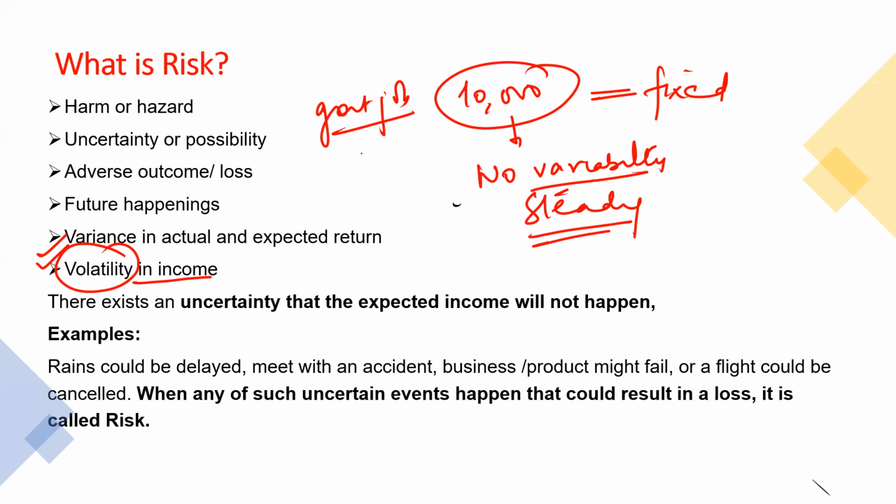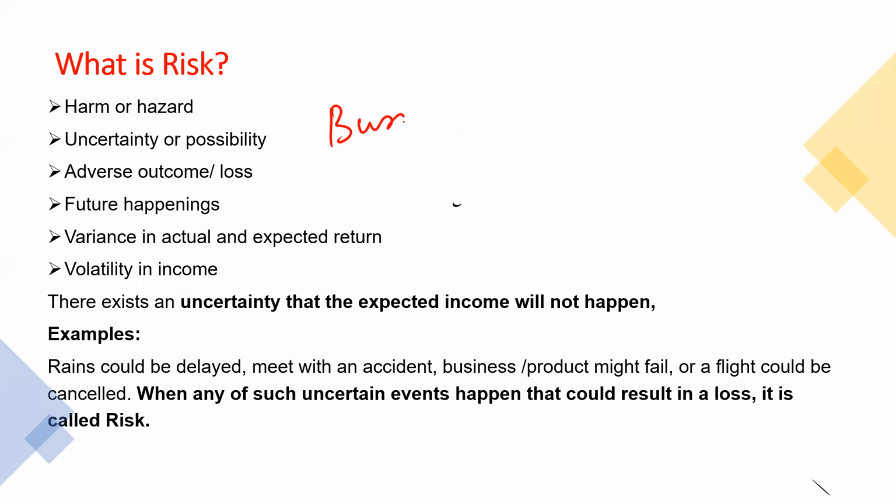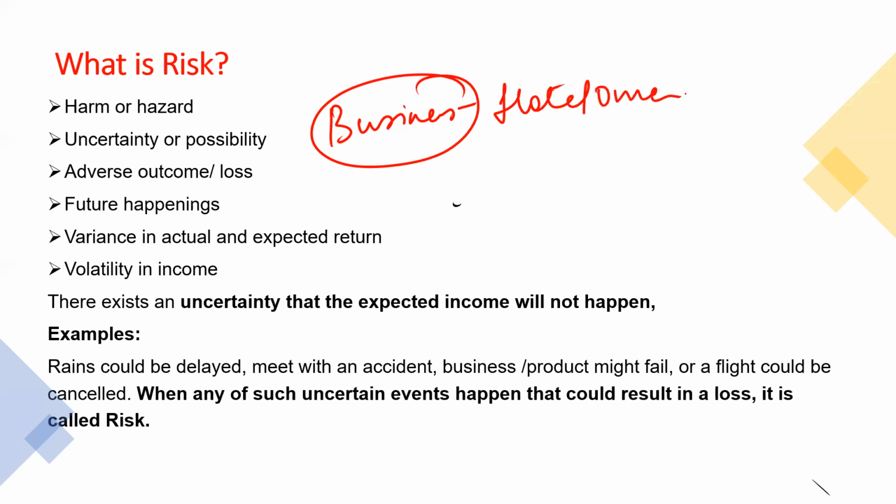However, instead of this, let's say we were into a business. Let's say there's a businessman who is a hotel owner, and the hotel is somewhere in Nainital. For example, the April to June months went very well and he earns 1 lakh rupees income.